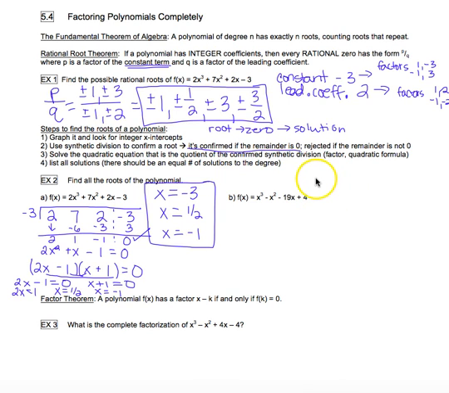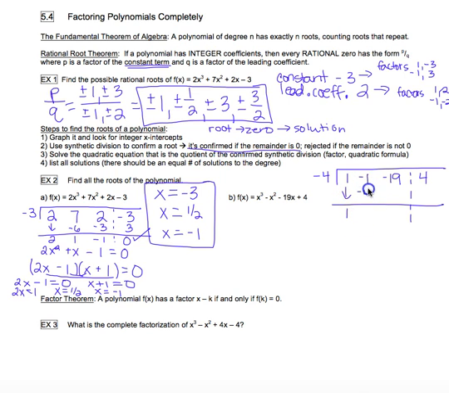Since -4 is my winner, I'm going to put that on the outside and then copy my coefficients down. So 1x cubed, -1x squared, -19x, and then 4. So put in my remainder separator and my horizontal line and start the process.